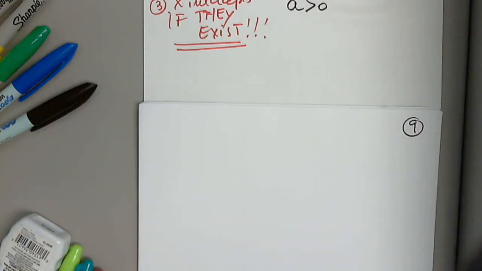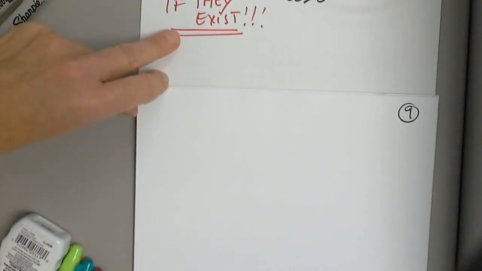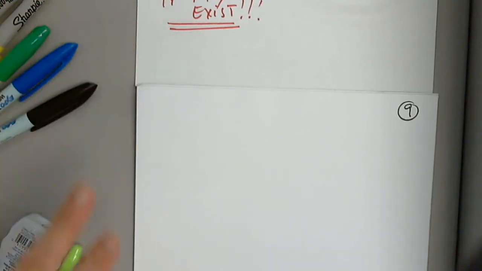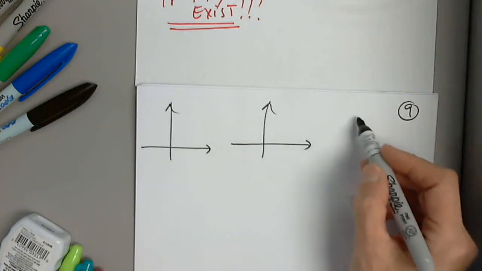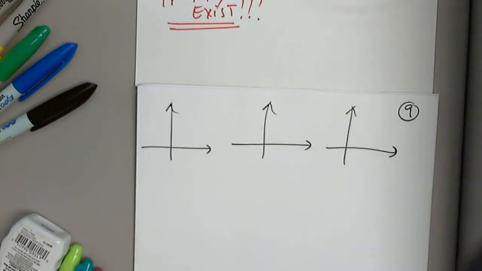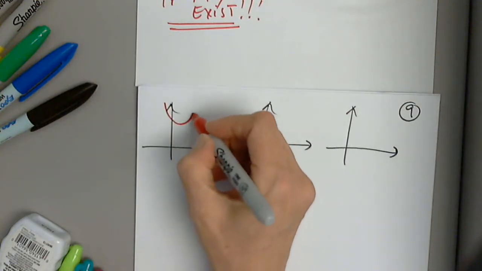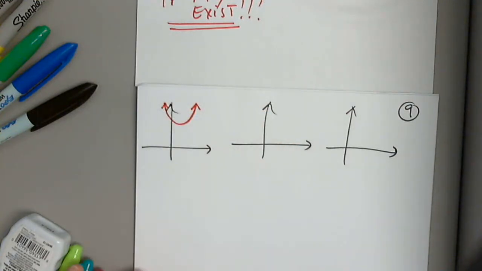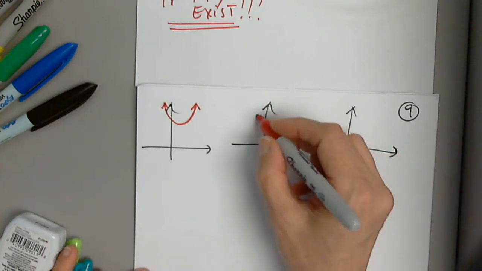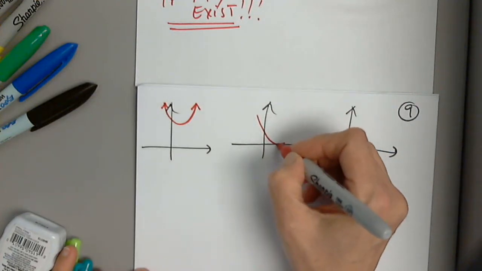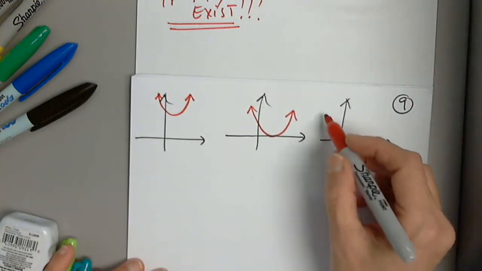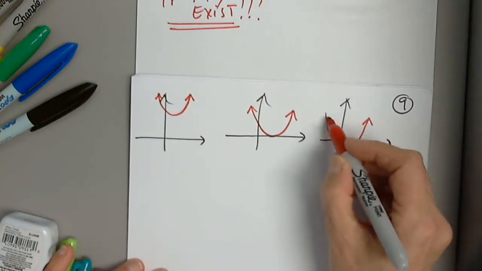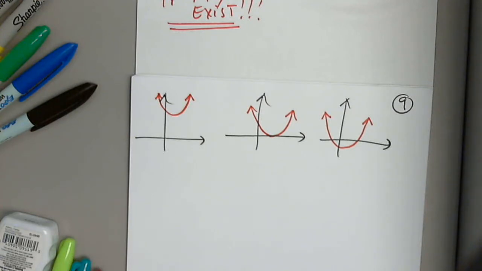Does the parabola that we are looking at right now, does it have a minimum or a maximum? Minimum. There are 3 possibilities for a minimum. Here is one possibility. Here is the second possibility. And here's the third one. What am I really telling you?